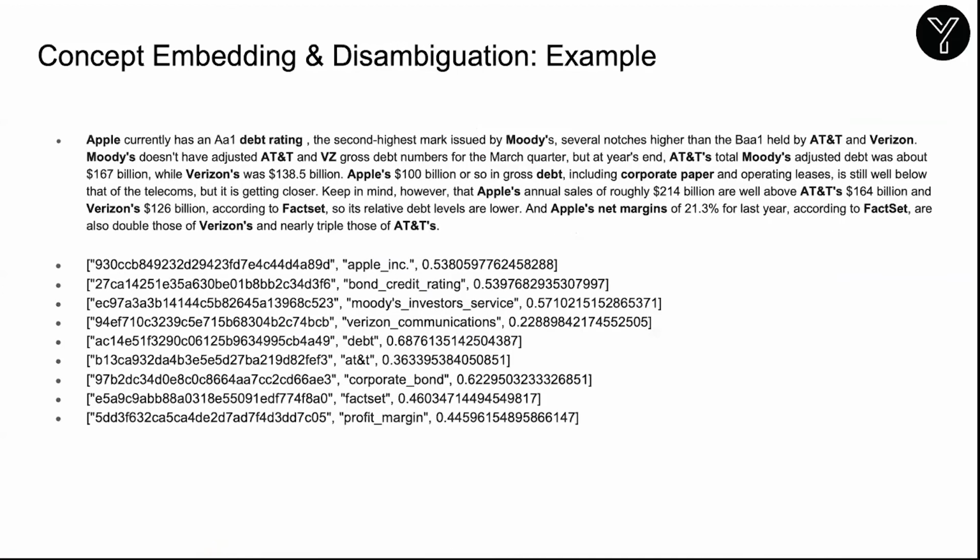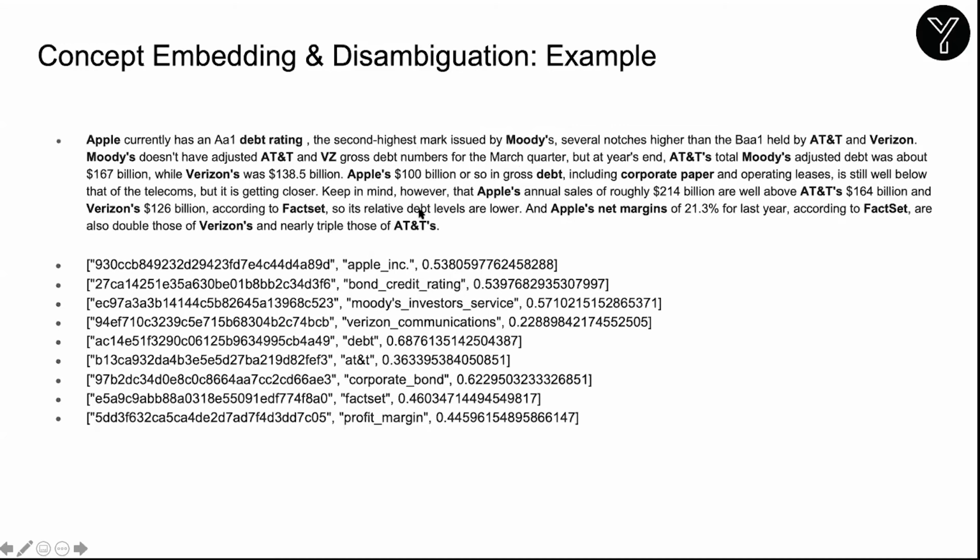While on the other side, as soon as our system reads any portion of text, it will try to extract all the concepts that are possible to extract and match to our internal knowledge base. So for example, here you can see this piece of text where we can extract Apple, we can extract debt rating, we can extract Moody's or different companies, but we can also extract bond credit rating.